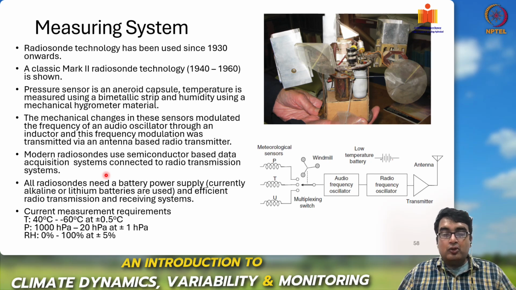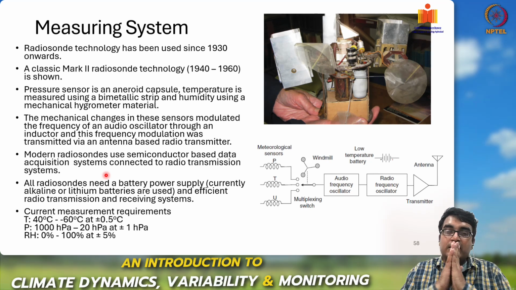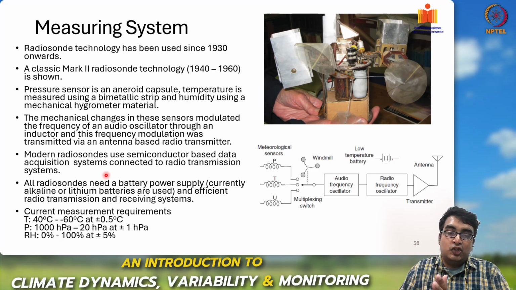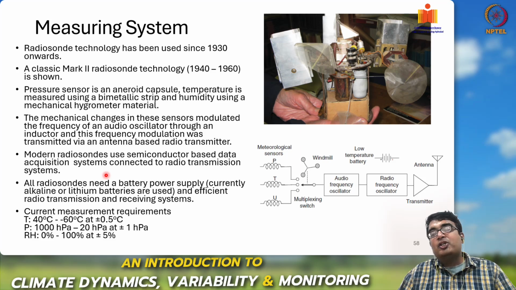So classical radiosondes used sensors where a certain type of mechanical deformation occurred due to the variability of the parameter that is being measured. That mechanical change in the sensors changes the frequency. That's what modulation means.